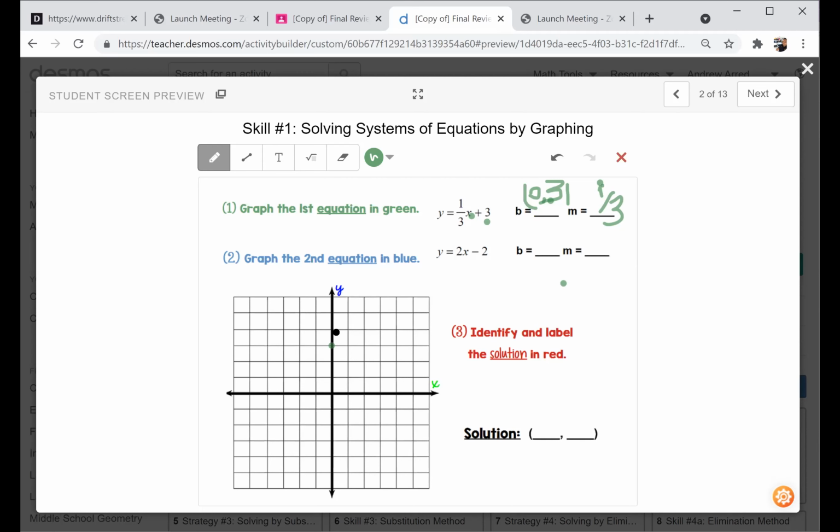Up 1/3. Down 1, back 3. And then let's make the line.